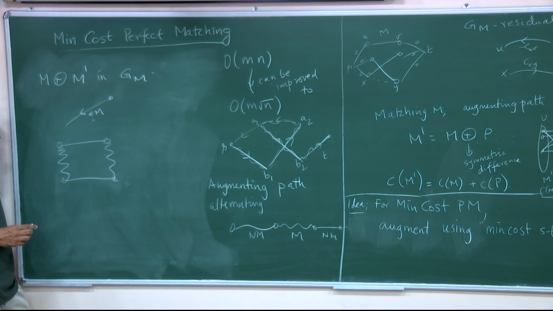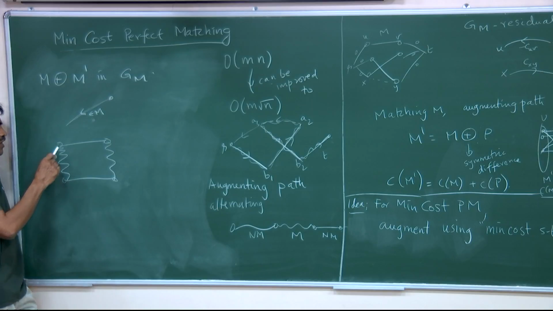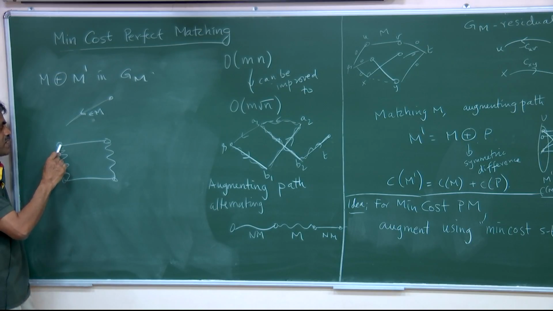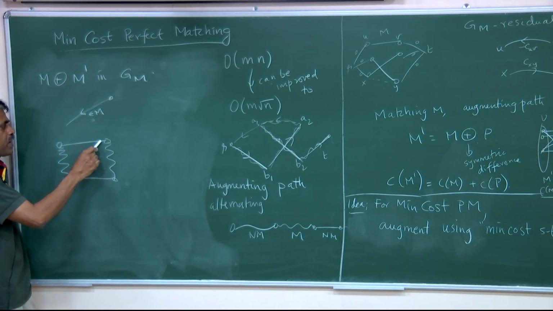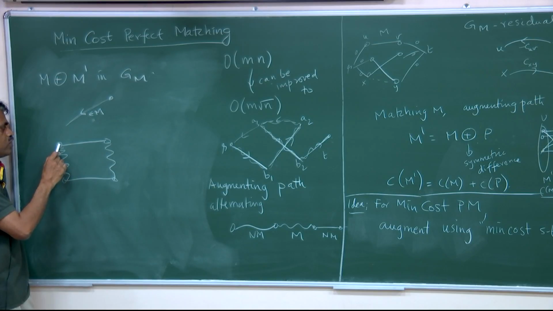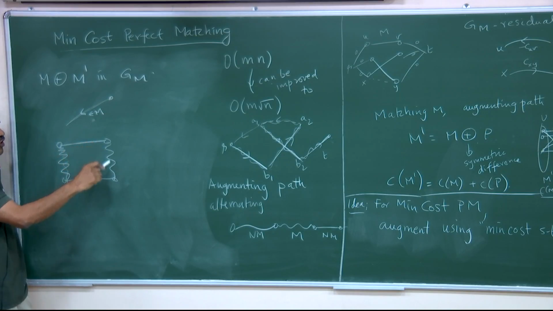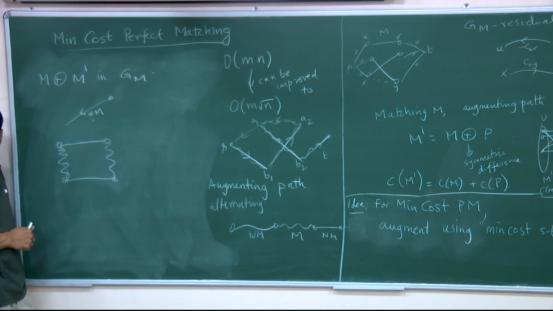If this is a matching edge in M but not in M prime, then to match this vertex in M prime, there must be another edge, which is not in M. If you follow this, then the degree of every vertex in this symmetric difference would be exactly 2. There will be one edge of M incident on that vertex and another edge of M prime.